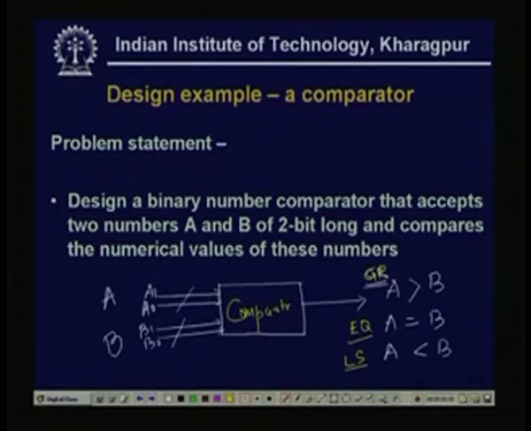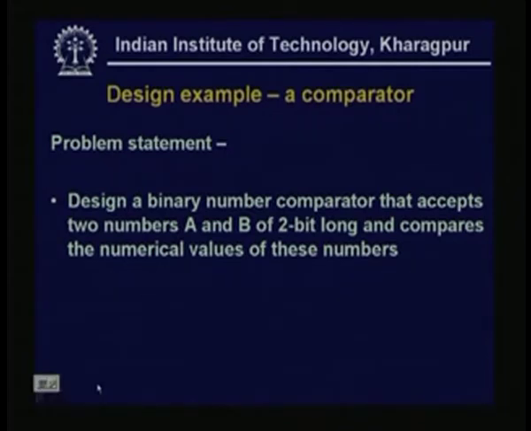So, two inputs and one output, 1 bit each. So, this we have to design, this is my comparator.